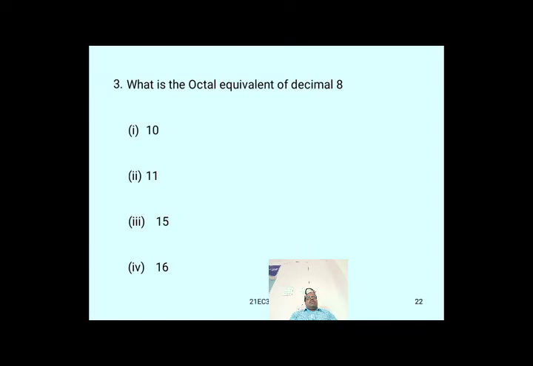Next, we perform the division again. 8 zeros are 0, we get the remainder 1 and the quotient is 0. We write from bottom to top, so the value is 10. Here also the answer is 10. Okay, correct.